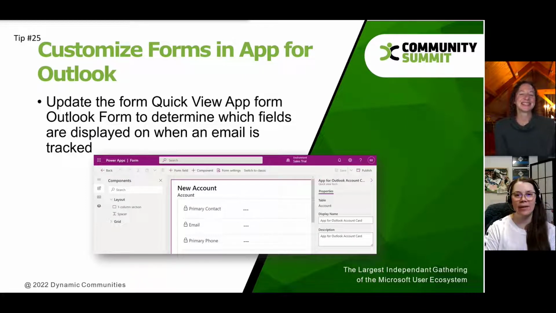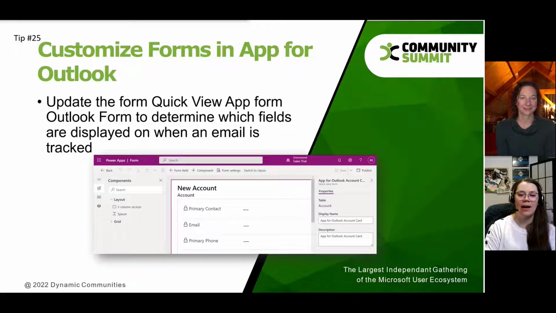And you can customize those forms that appear in Outlook. So if I'm in Outlook and I track an email, let's say I track it to an account, and by default it shows something like the business phone and their company name, but maybe this is not helpful to you, right? Maybe you'd like to see a custom account type, or maybe the state that they're in, something like that.